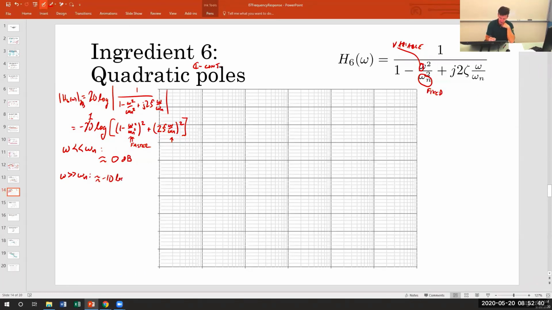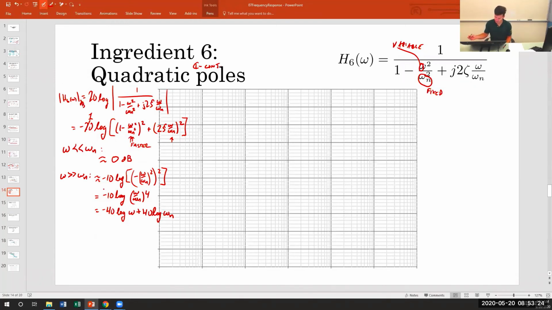Minus 10 log of negative omega over omega n, inside squared, outside squared. The outside squared will kill the negative here, so that means we're looking at negative 10 log omega on omega n quantity to the 4, which is where we get our 40 log out in front. And if I take the quotient omega over omega n, I can turn it into a difference, log omega minus log omega n. And there's a negative out front, which distributes and changes the sign of what I just said.